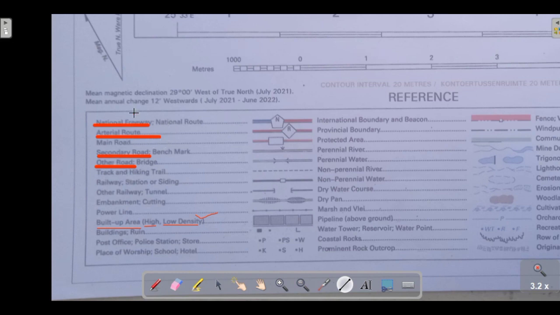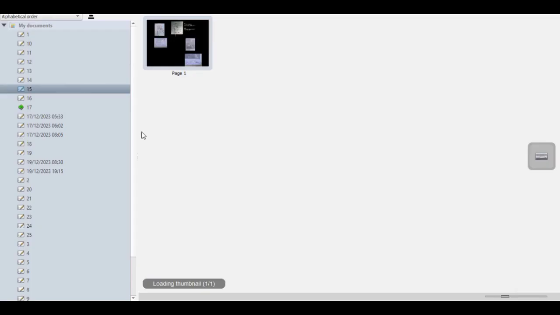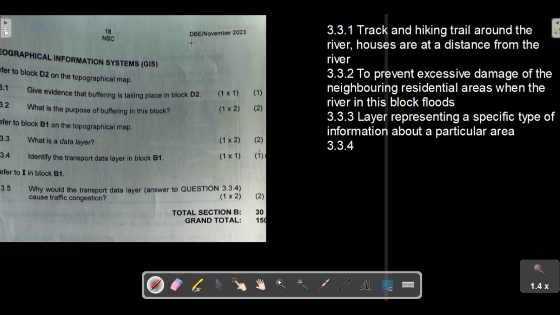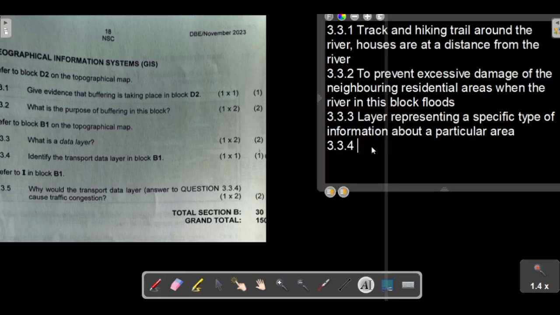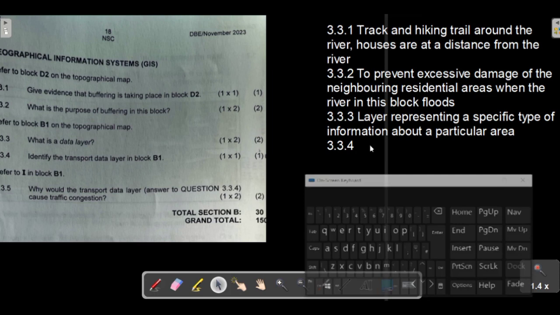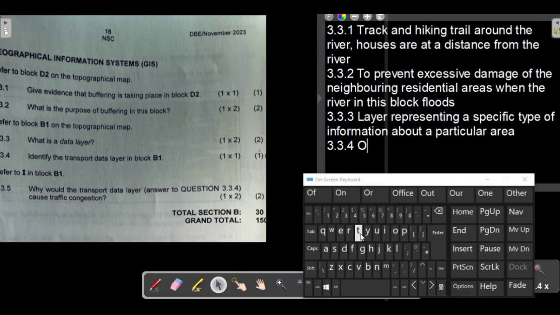So I think it should be these four guys. Not quite sure about that, but should be these four because that's the information about transport that we have there.